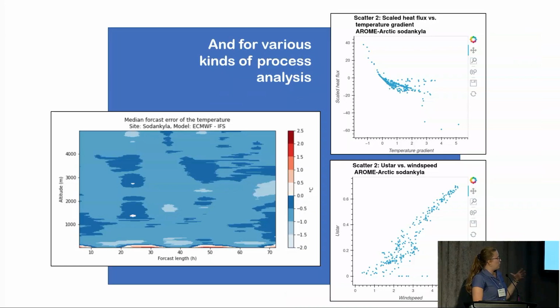And then a couple of more data handling intensive use cases that showcase more of this process-based analysis. So you, for instance, have the forecast error use case, which in this 2-dimensional version shows the median forecast error, defined as model minus observation, of the temperature for Sodankyl and IFS. And then you have the scatter use case, which comes in 3 different types.